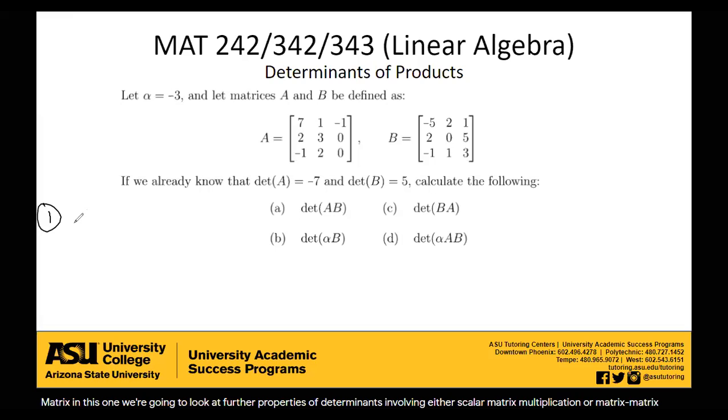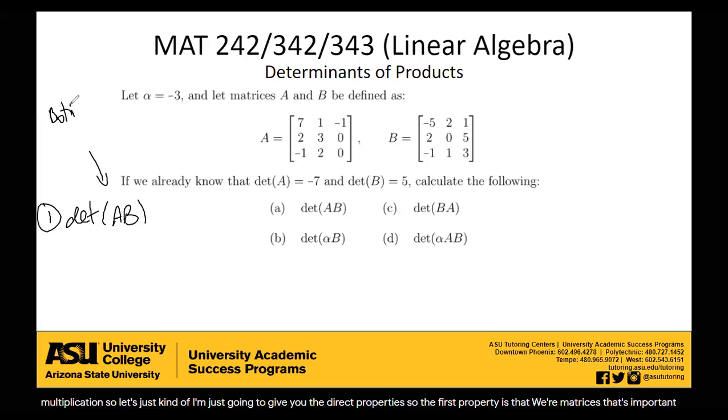So the first property is that if you take the product of two square matrices, that's important, both A and B in this case are square. To calculate the determinant of A times B, they don't necessarily have to be square, right?